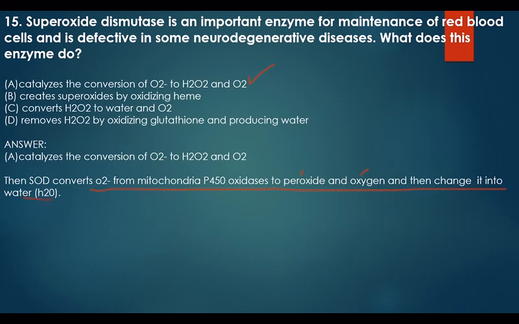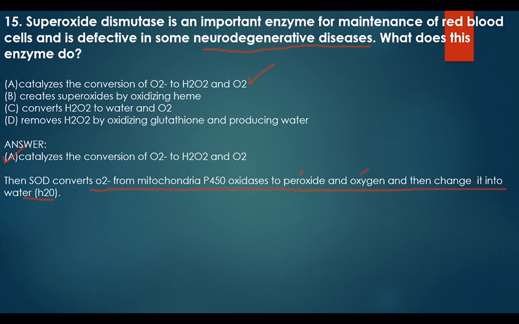This SOD is there to maintain oxidative stress in the blood. It is implicated in some neurodegenerative diseases such as Parkinson's and Alzheimer's. So the answer is SOD catalyzes the conversion of O2 minus to H2O2 and O2, and then it changes it into water.